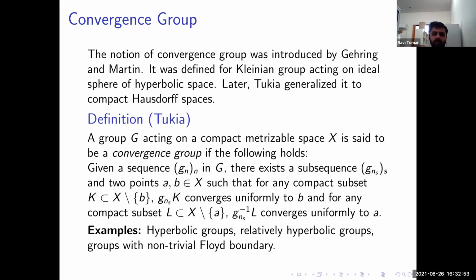And a finitely generated group with a non-trivial fluid boundary. There is a paper by Carlson where he has proved that whenever you have a finitely generated group G with non-trivial fluid boundary, then the natural action of the group on its fluid boundary is a convergence action. Here, fluid boundary means that suppose you are given a finitely generated group G, we take its Cayley graph and then we rescale it.